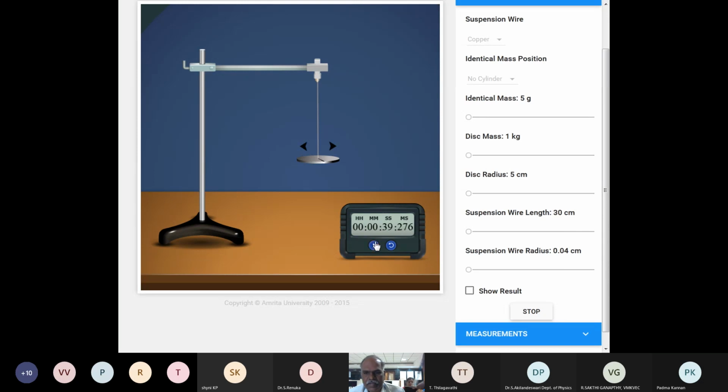So I stop the clock. The time is 39.276 seconds. 39 seconds, 276 milliseconds.